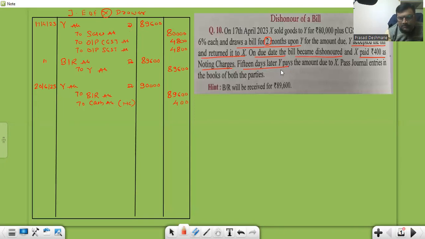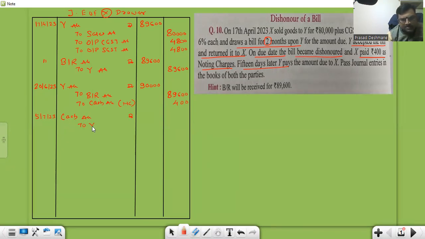15 days later, Y pays the amount due to X. So after 20 June, 15 days means June we have 10 days left, and July, 5th of July. In the books of X, what is coming in? Cash is coming in. What is going out? Nothing is going out because he doesn't have the bill. He dishonored the bill.